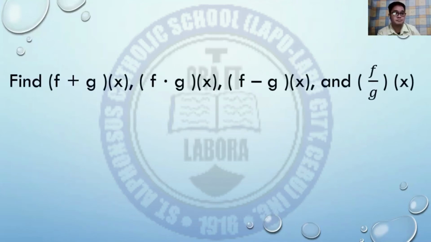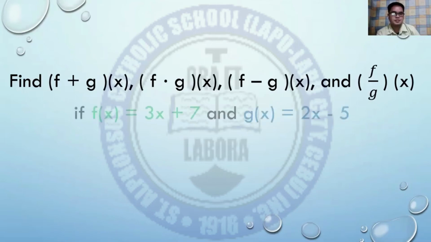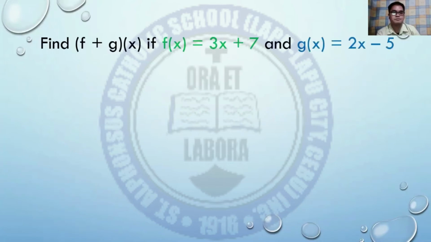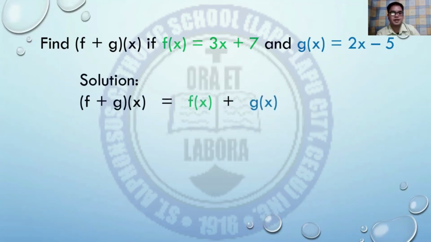So find the sum, product, difference, and quotient of the two functions, which are f of x equals 3x plus 7 and g of x is equal to 2x minus 5. For getting the sum of the two functions, here is the solution. F plus g of x equals f of x plus g of x.